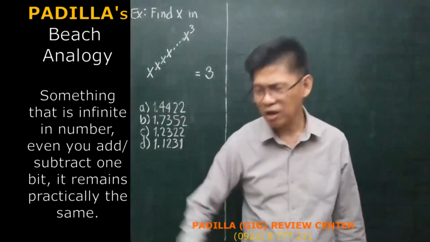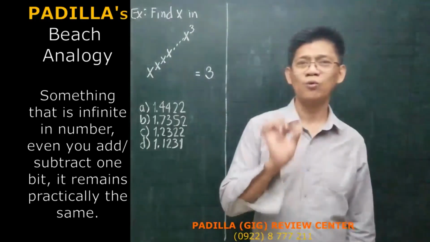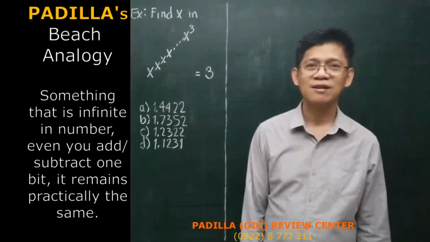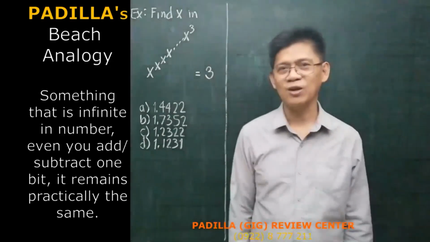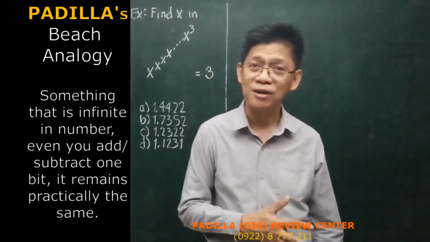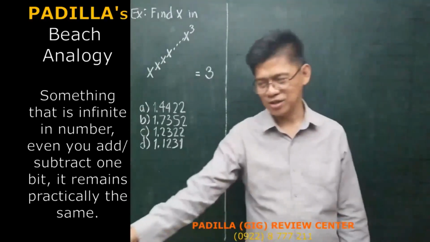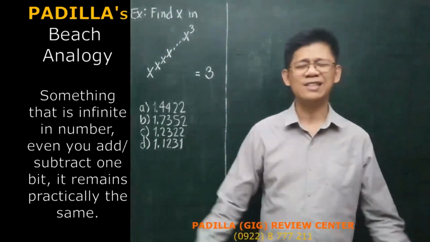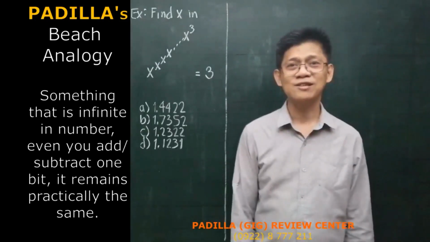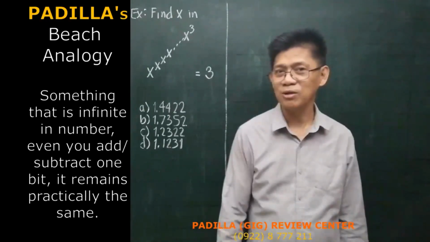If it is worth 3 million before I arrive, after I took 1 grain of sand, it's still worth 3 million. Or the other way around, pagdating ko, I add 1 grain of sand from another beach lot and I put it there. Will that 1 grain change the value, the looks, the appearance, the everything of the beach? No, it remains the same. It remains 3 million pesos, right?